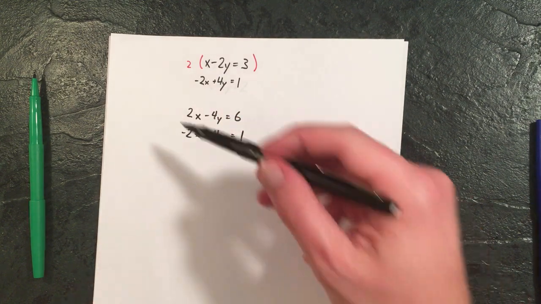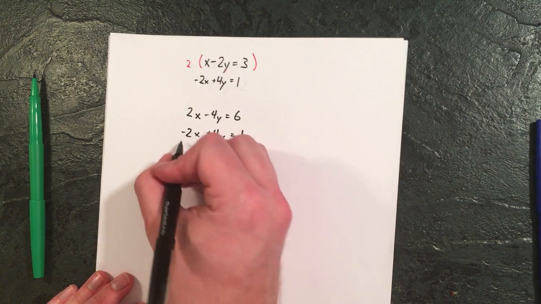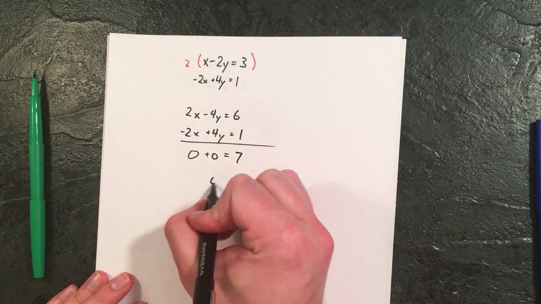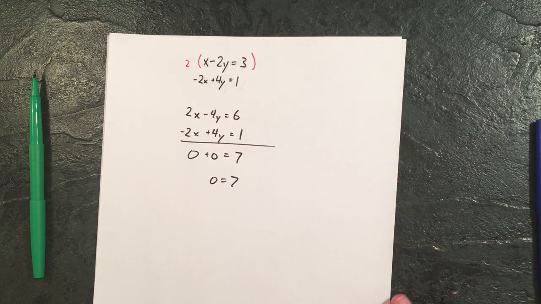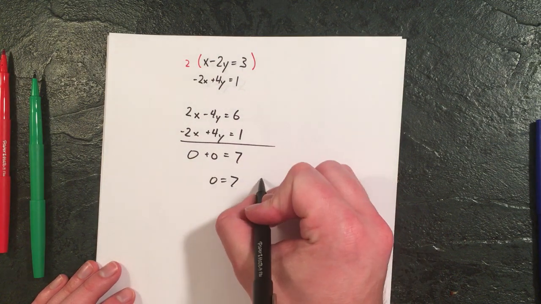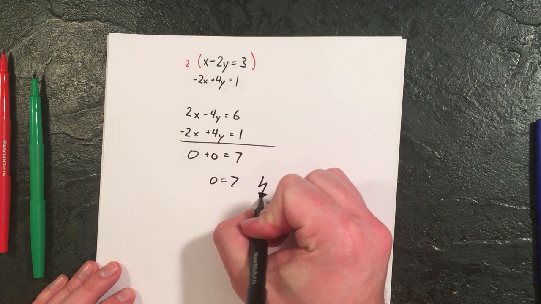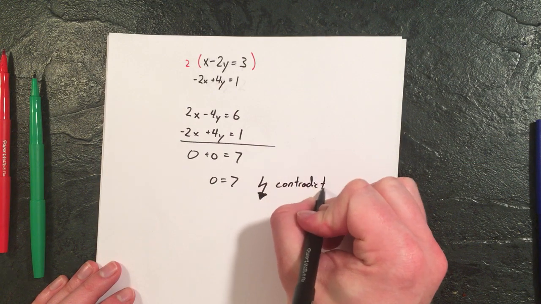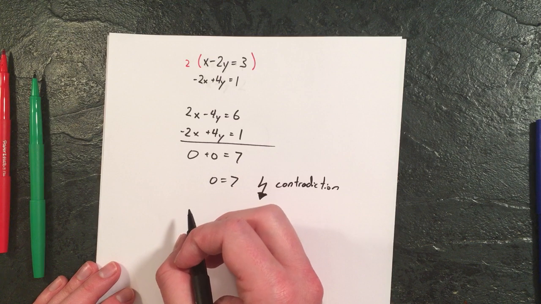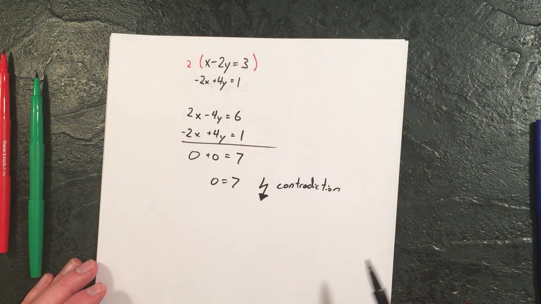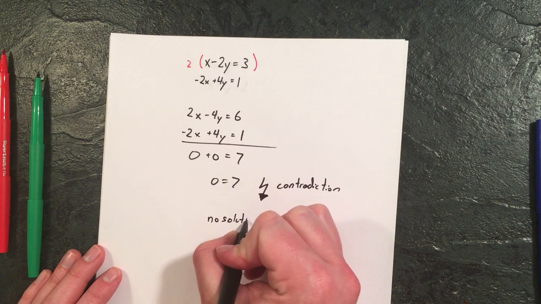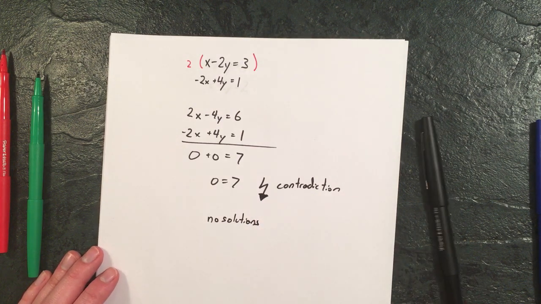We combine these and notice they're looking pretty similar here. 0 plus 0 equals 7. 0 equals 7. You see something like that and say, I'm pretty sure that's not true. The nice little symbol for this is this kind of lightning bolt arrow, which means that's a contradiction. That's not true. And if you're trying to think, what did we do before? Since that's not true, that means there are no solutions. These are, in fact, parallel lines.